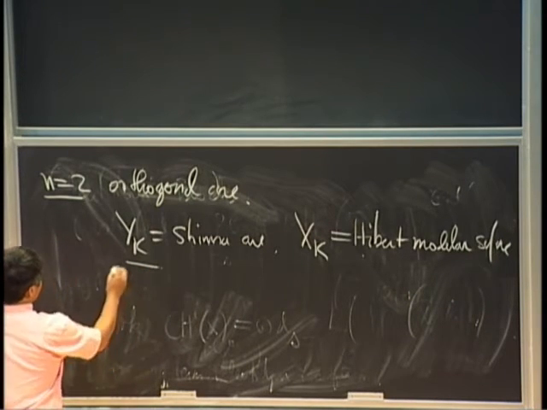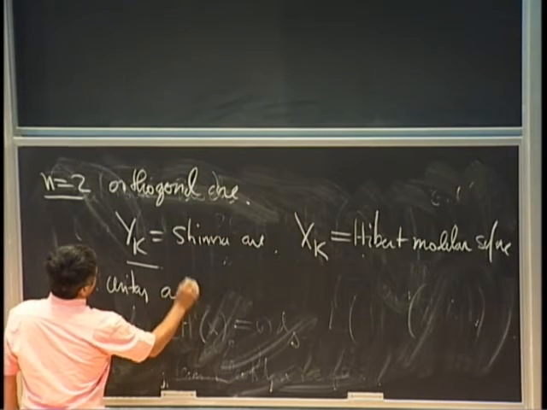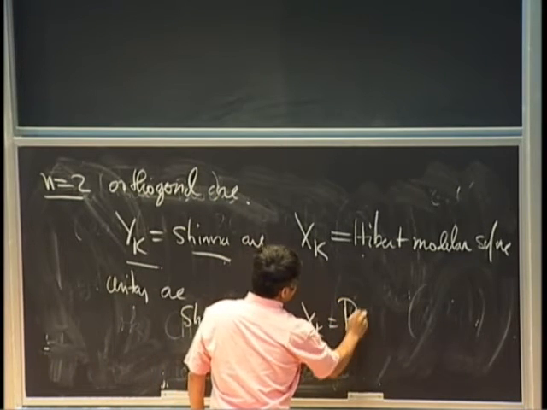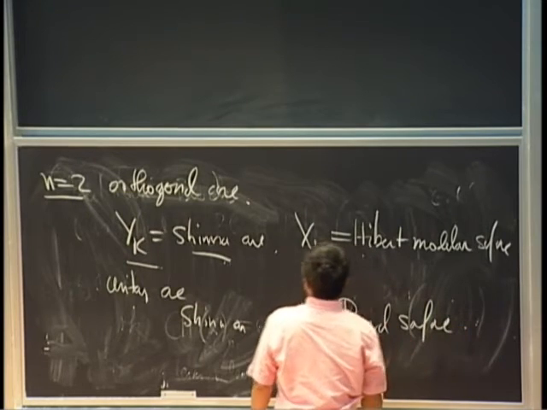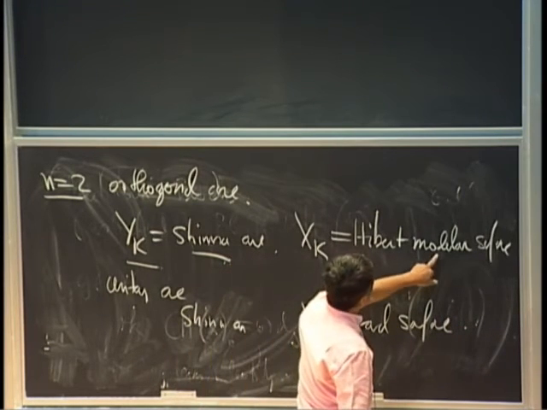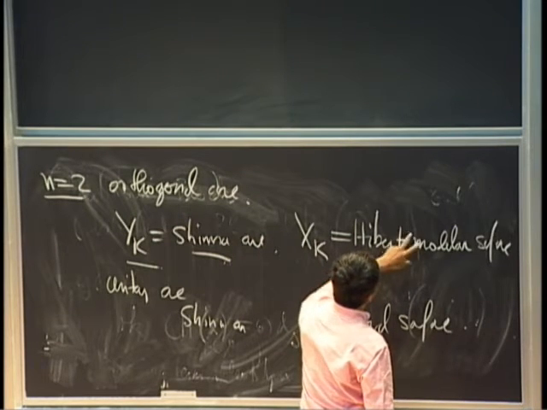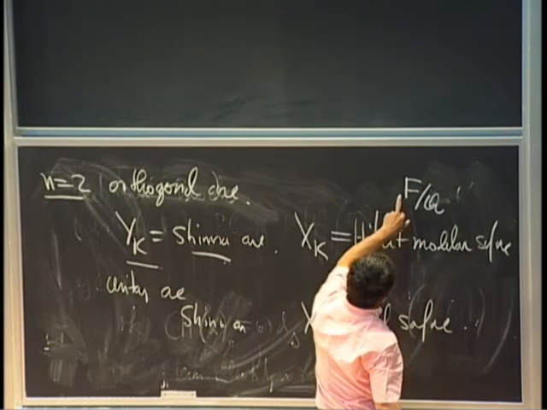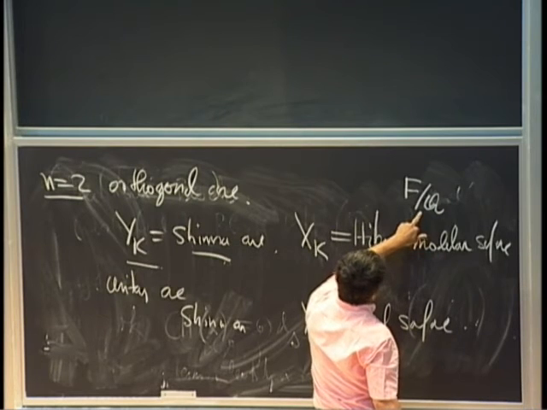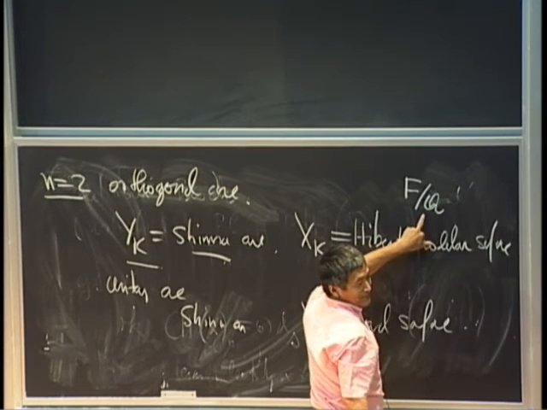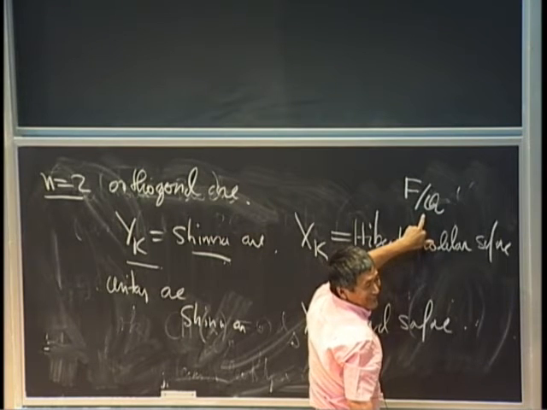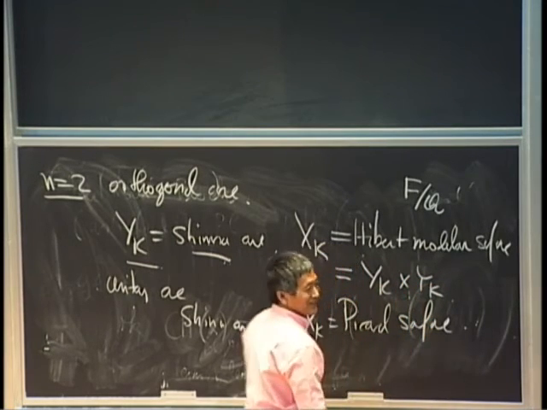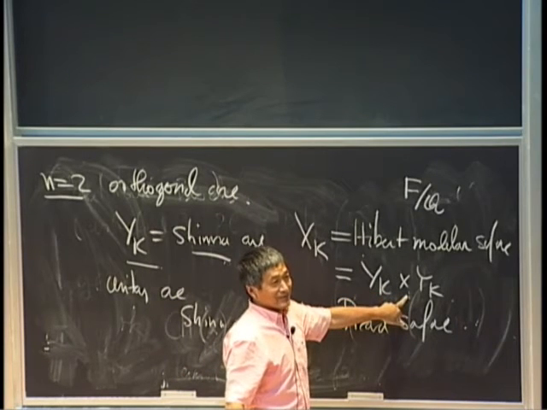In the unitary case, you have a Shimura curve here and X_K is the Picard surface. The Hilbert surface is defined usually by a quadratic extension F of Q. If F is not split, it's a usual Hilbert surface. If F is split, it is the product of two Shimura curves. So in the second situation, it equals Y_K, and this Y_K will be diagonally embedded inside here, so you get a triple product.